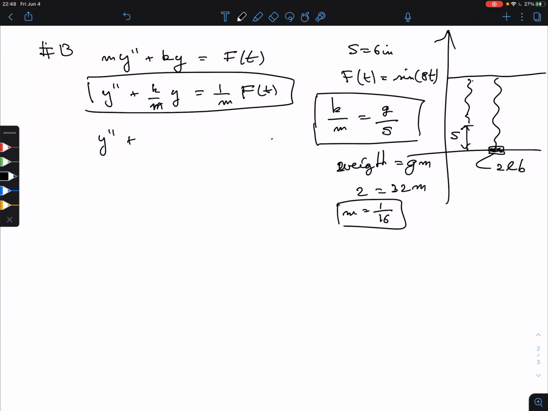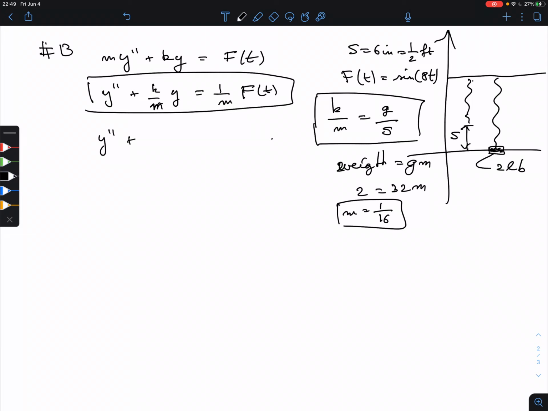Okay, we'll need that. Well, you say, okay, you need it for here, but we don't know k, so we cannot calculate using this side of the formula. We need this side of the formula because we know what s is: 6 inches, which of course is half a foot. We have to be careful that everything is put into the right measurements. So s is 1/2, g is 32.